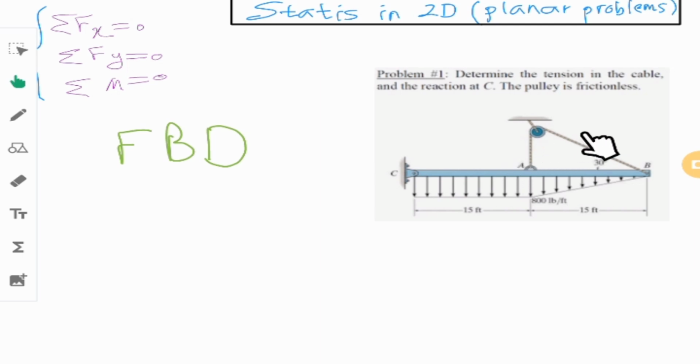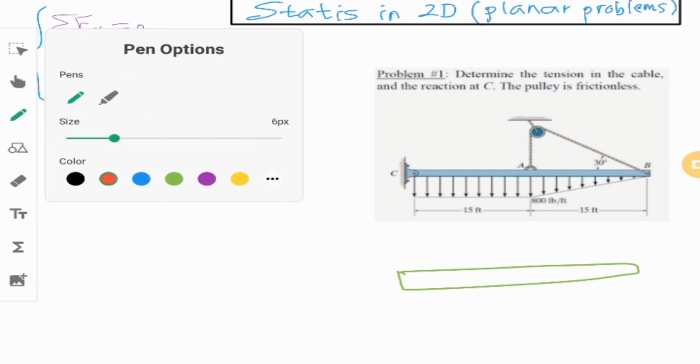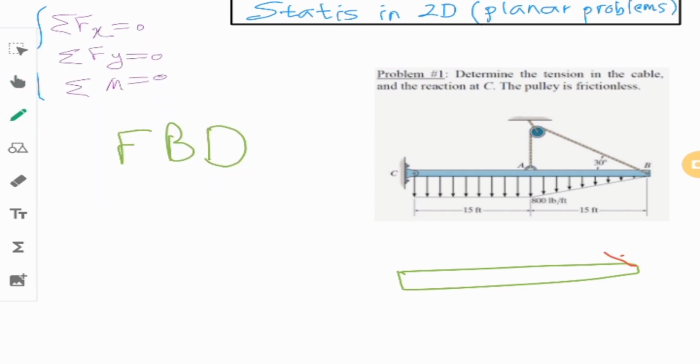Okay, I start with the cable. As you may know, the cable is applying only tension. Then when you're removing this cable at this part, you need to put the role of that cable, which is a tension in direction of that cable.